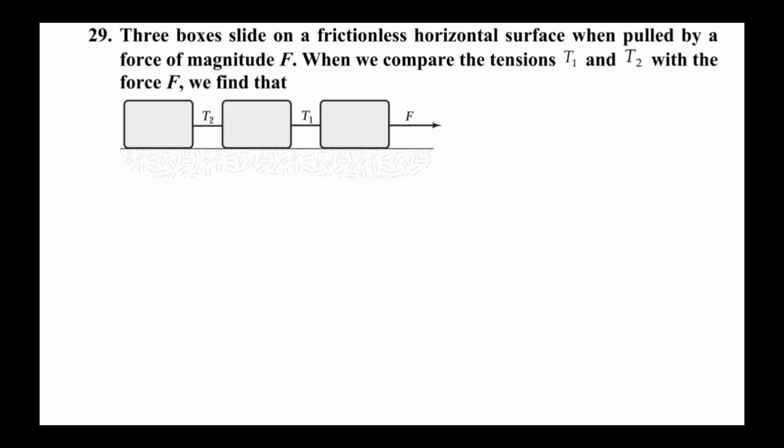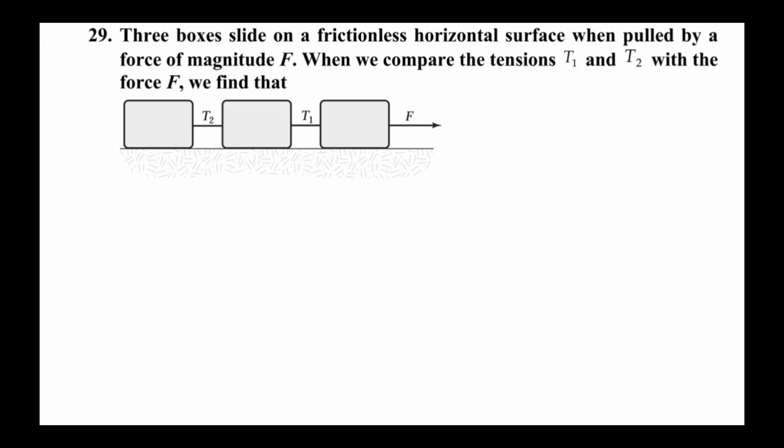3 boxes slide on a frictionless horizontal surface when pulled by a force of magnitude F. When we compare the tension T1 and T2 with the force F, we find that.